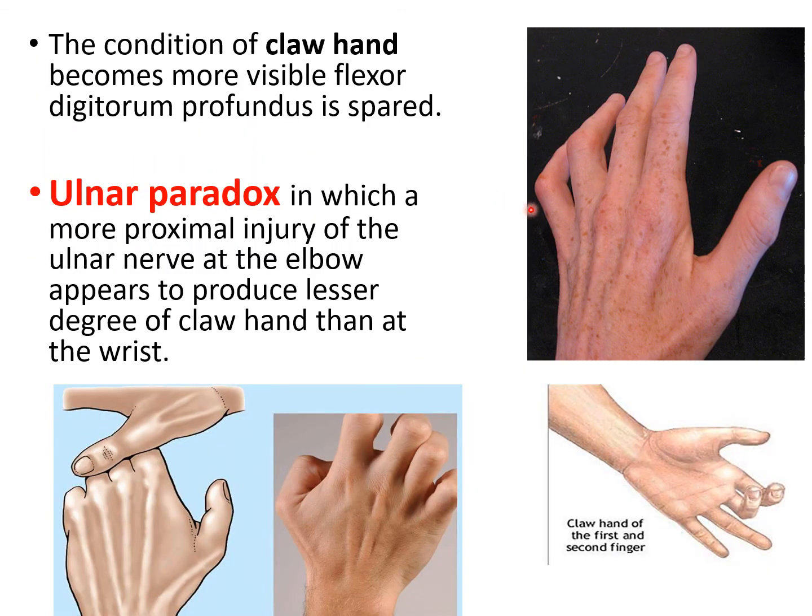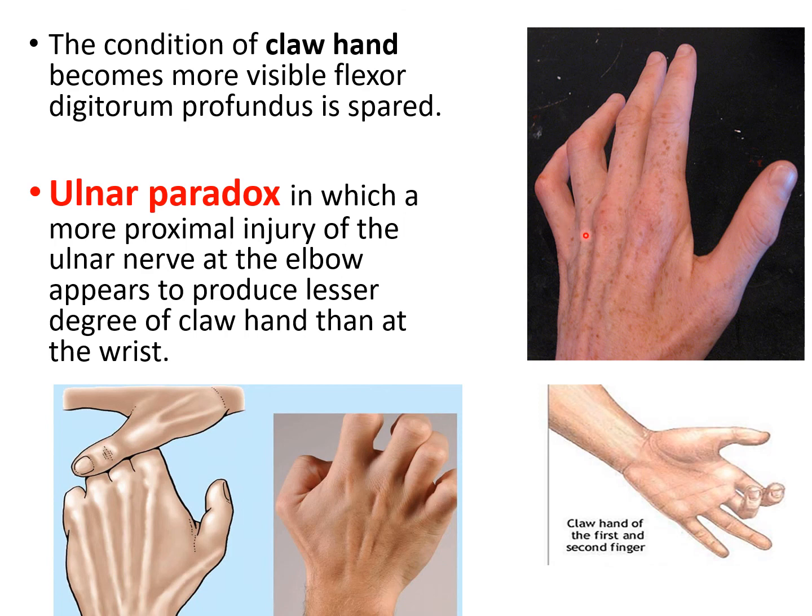The condition of claw hand becomes more visible because nerve supply to the flexor digitorum profundus is spared. As a result, the extension at the metacarpophalangeal joint is associated with active flexion of the interphalangeal joints of medial 2 digits.